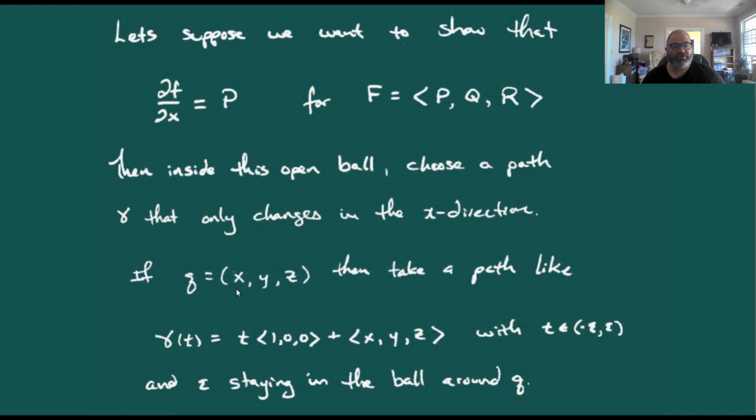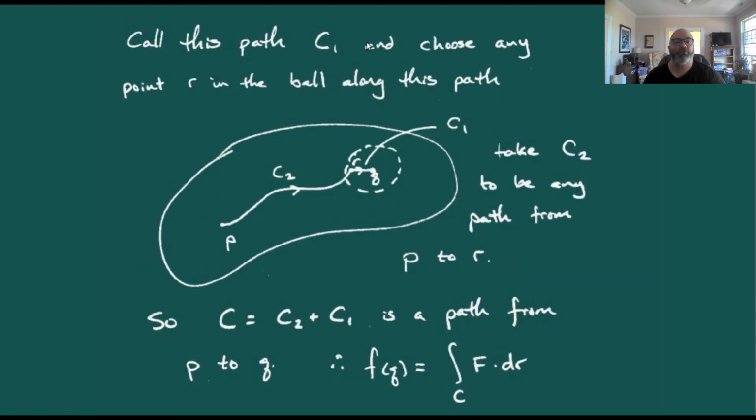So if Q is this point that we're interested in, x, y, and z, then we want a path where our y value stays the same, our z value stays the same, and we're only changing our x value for some sufficiently small region that keeps us inside this open ball around Q.